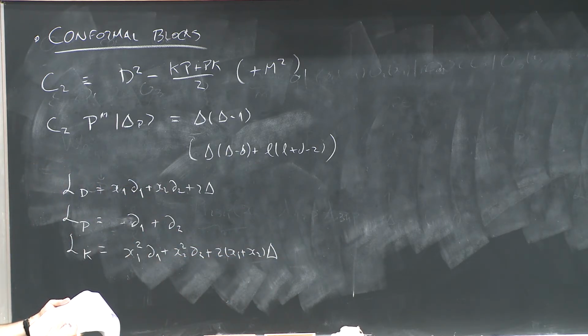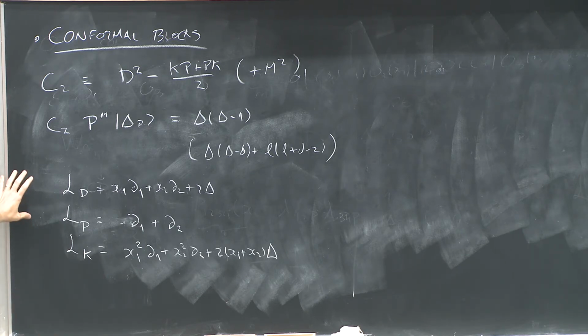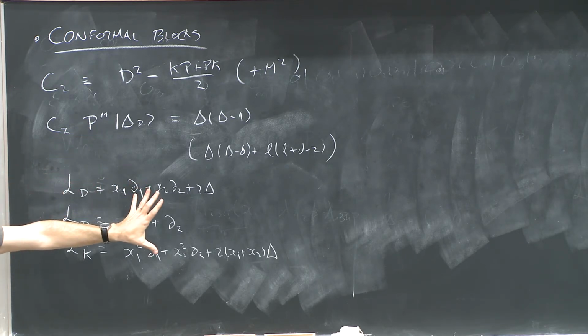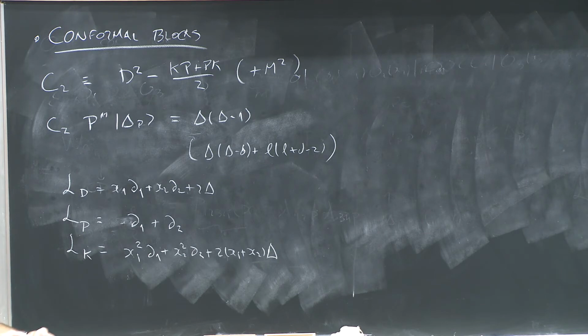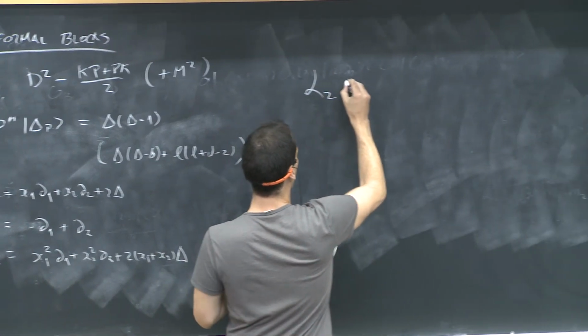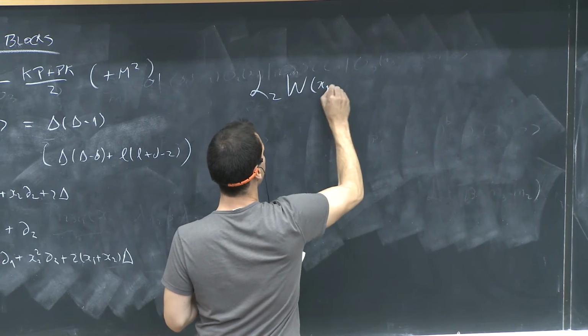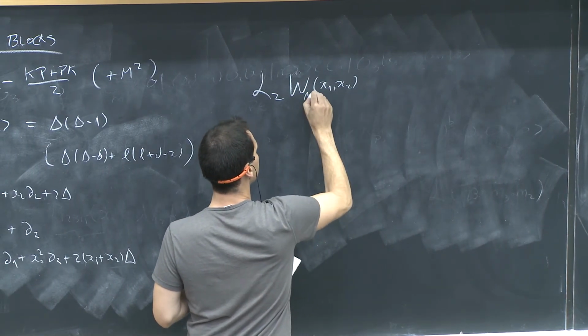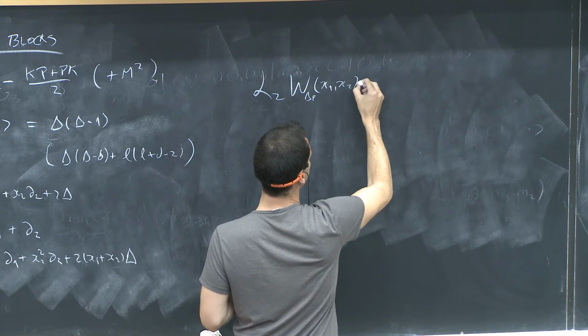And so your mission, should you choose to accept it, is to write down an L2, which is this squared minus this times this minus this times this, divided by 2. Okay? So this gives you a differential operator in terms of x1 and x2, and then you just act with that L2 on W(x1, x2, delta P). This doesn't care about the other x's.